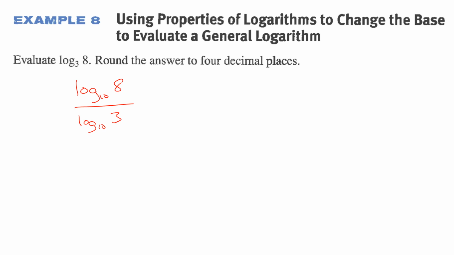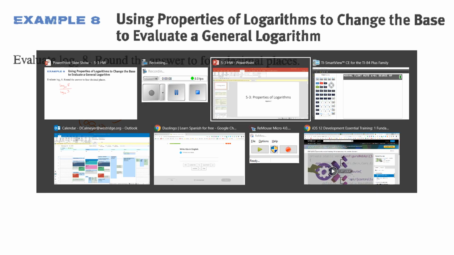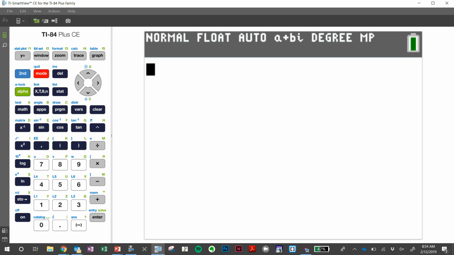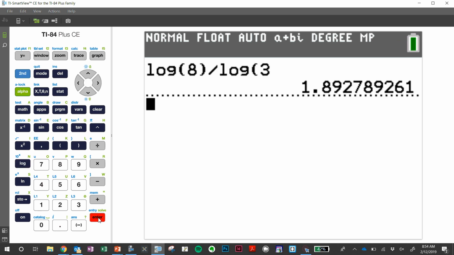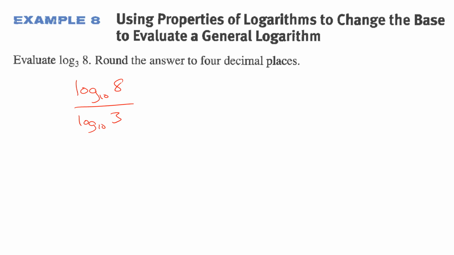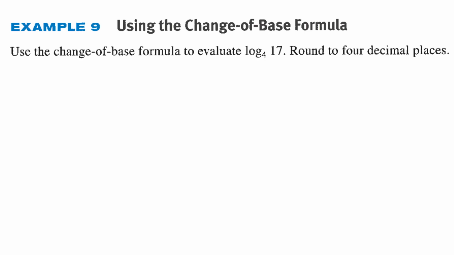So let's grab our calculators and round this to, I think it said 4 decimal places. So we're going to do log 8, close our parentheses, divided by log 3, enter, and 1.8928. Approximately equal to 1.8928. All right, your turn.